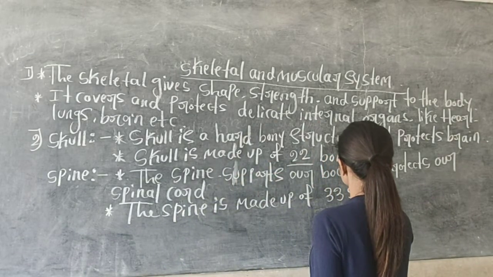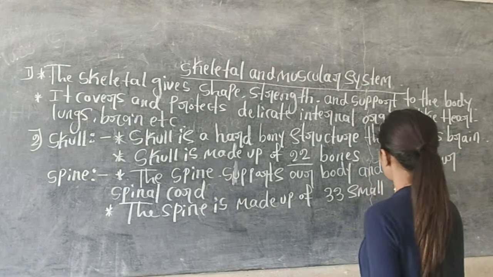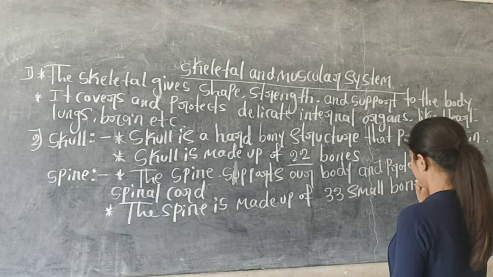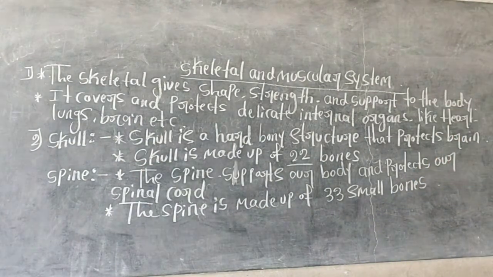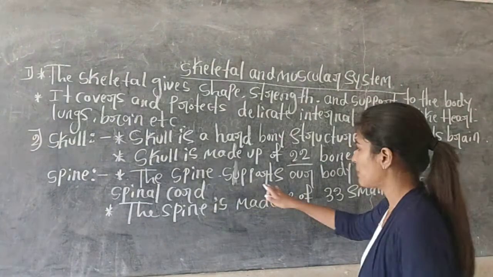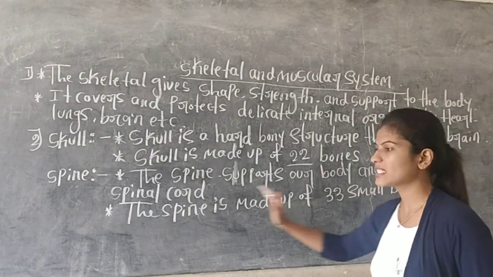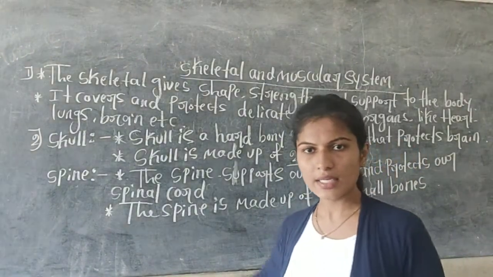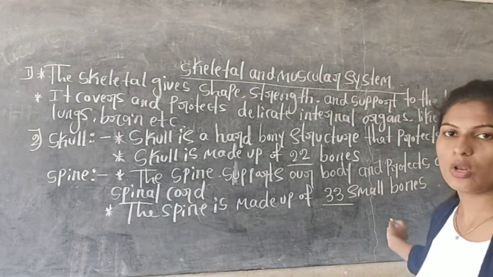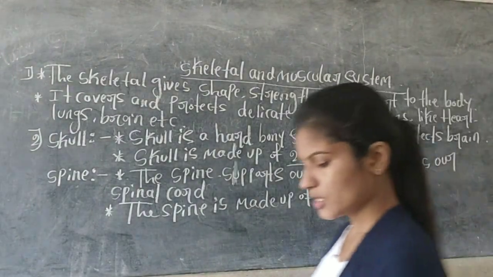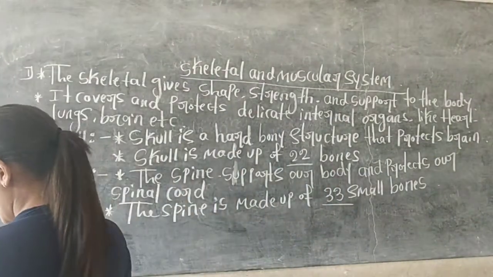Which kind of bones? Small bones. So these are the 2 points about the spine. The spine supports our body and protects our spinal cord, and it is made up of 33 small bones.